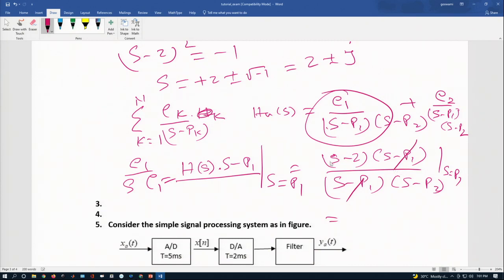So, it is S minus 2 with S equal to P1. So, it is 2 plus j minus 2 divided by S minus 2, S is 2 plus j, and minus 2 is there, S minus P2. So, S is 2 plus j. What is P2? P2 is minus 2 minus j.